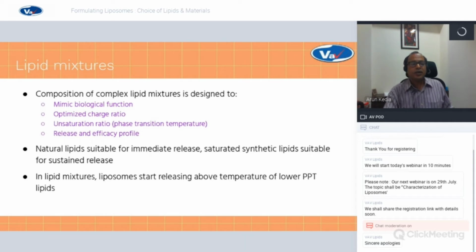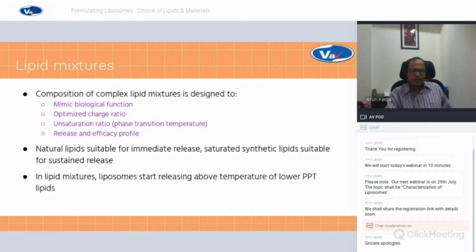And in lipid mixtures, be careful that if you make a lipid mixture, so let's say you mixed DPPC with DSPC, and both have different phase transition, then the liposomes will start releasing above the temperature of the lower PTT lipid. Which means as soon as you cross the DPPC phase transition temperature, you will have fluidity of the fatty acids of the DPPC, and so the release will start.